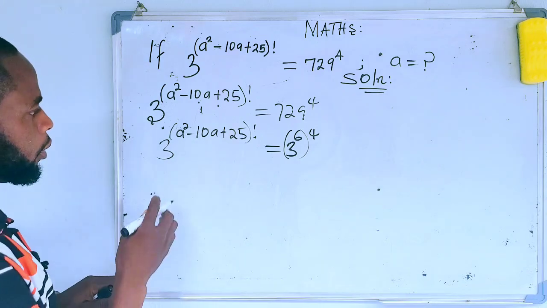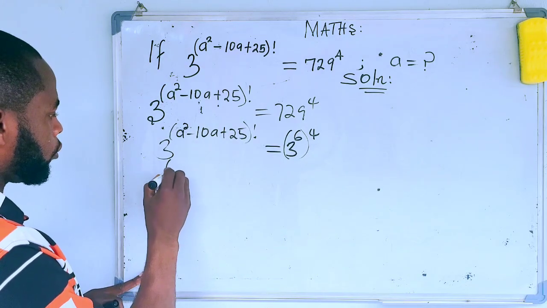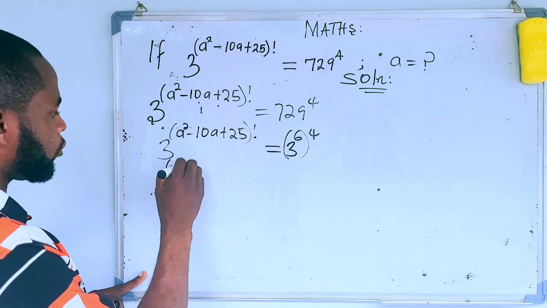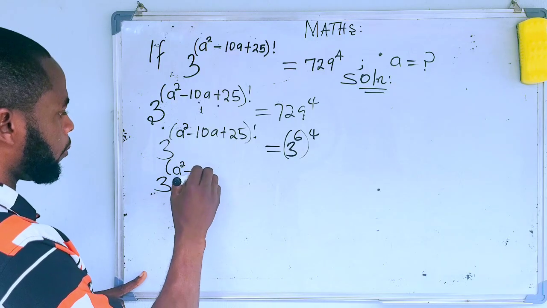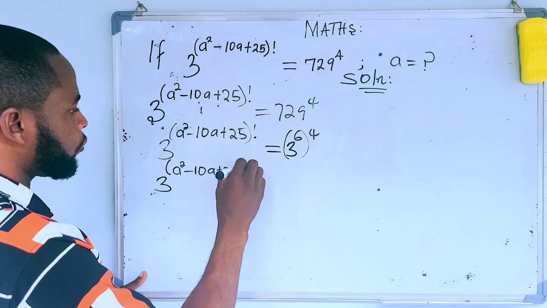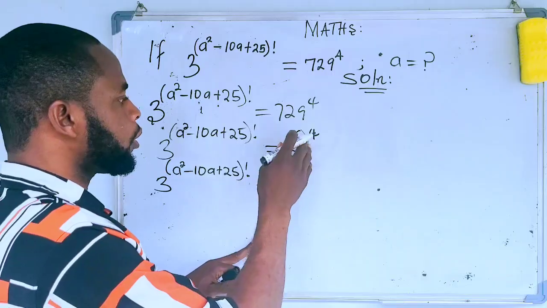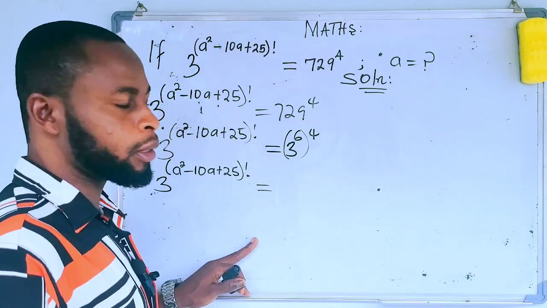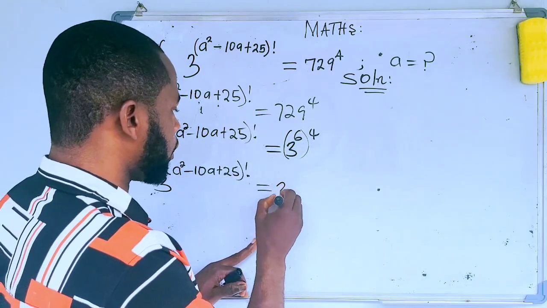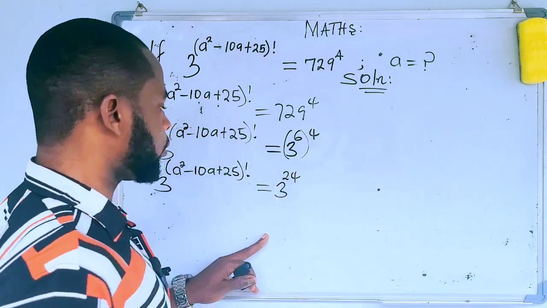Then here we simplify this further. We have 3 to the power of (a to the power of 2 minus 10a plus 25) factorial equals, here we multiply these powers out. We have 3, 6 times 4, that gives us 24.